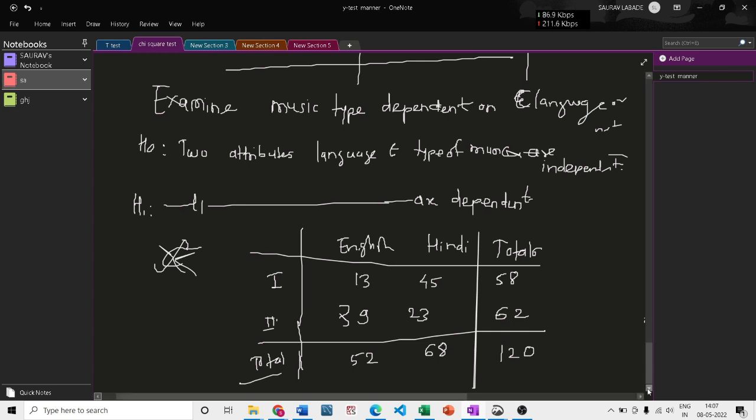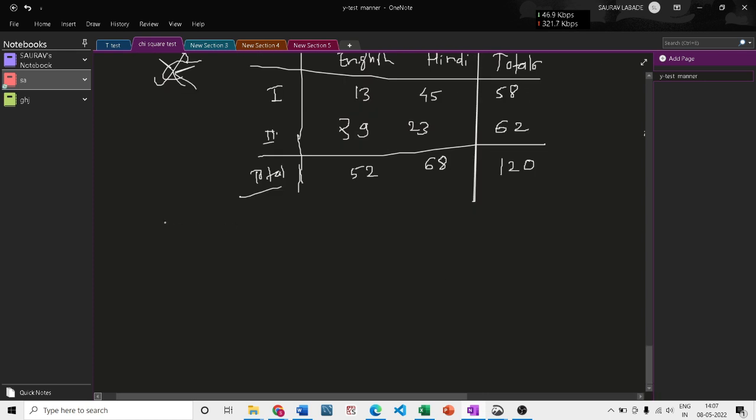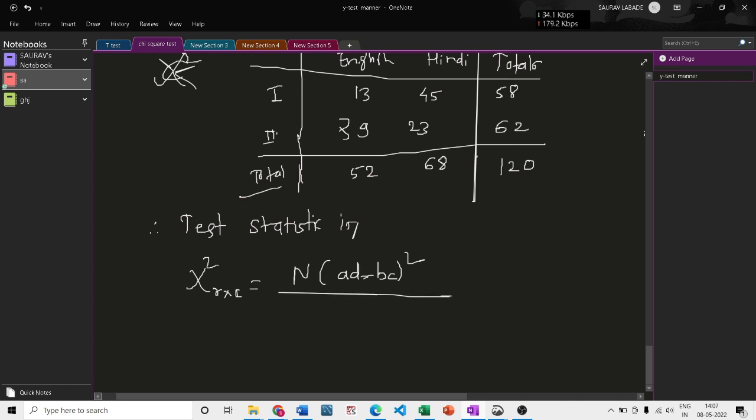Now just use the formula, right? So what is your test statistic? Therefore I can say that the test statistic is chi-square R cross C, which equals capital N into (AD minus BC) squared, divided by the product of all the totals, right?